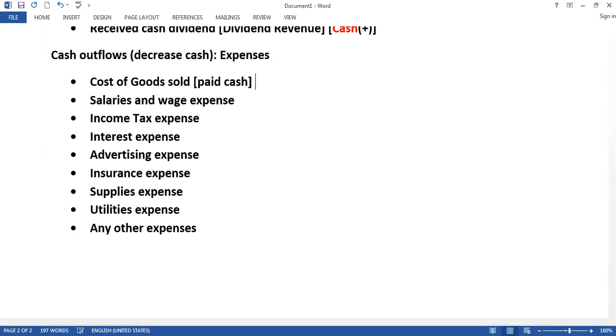It means that cash is going to decrease. So all the expenses should be related with cash payment. If it is not related with cash payment, it is not cash flow statement.